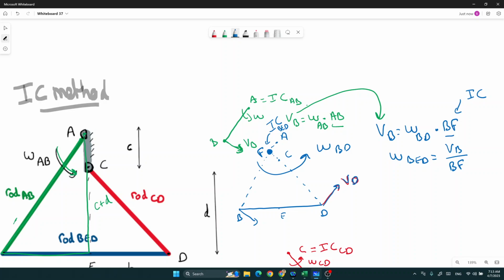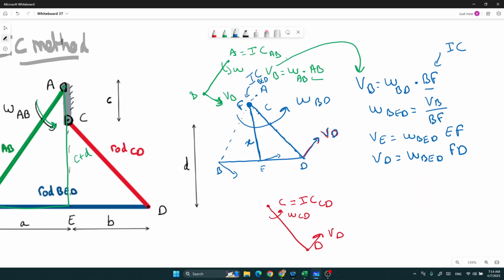Now that we have this, if we want to find VE, VE equals omega BED times EF, this distance EF, that you will find. And we can find VD because it will be equal to omega BED times the distance FD. So you will need all those distances.